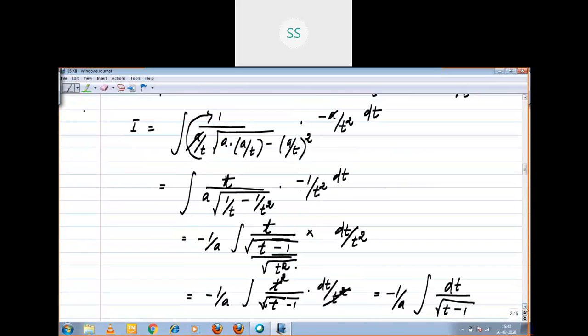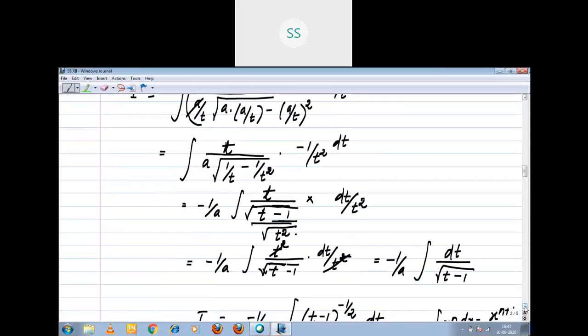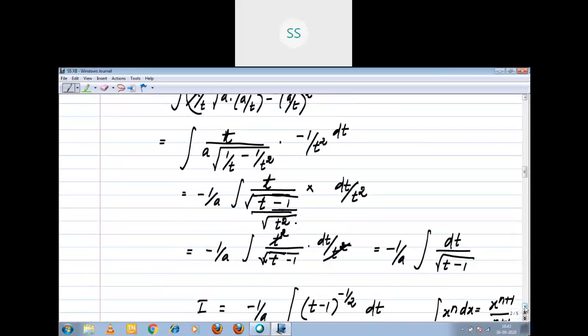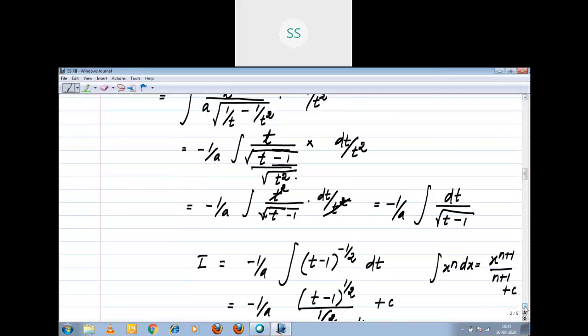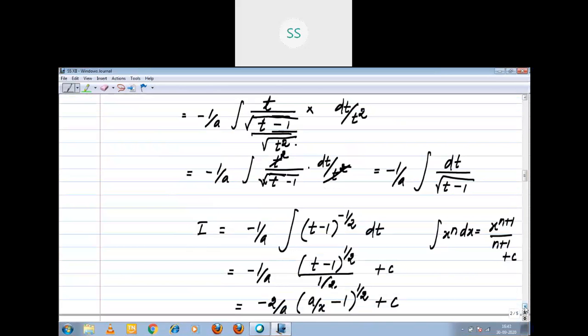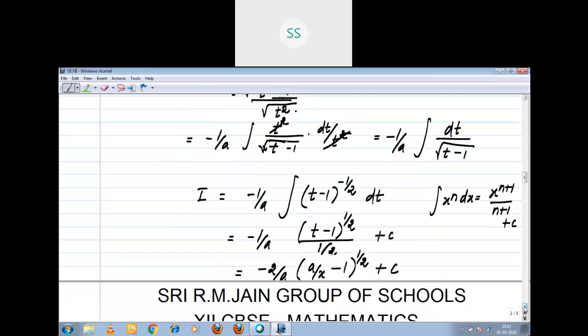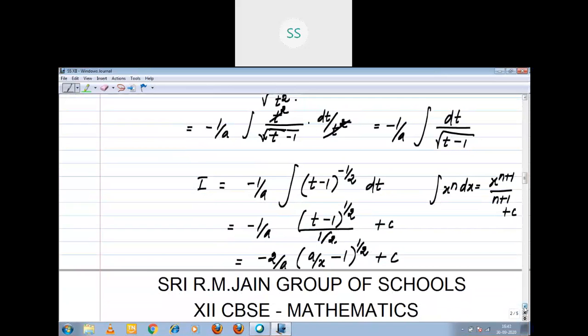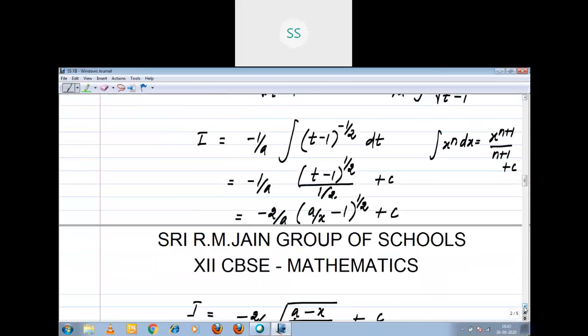So the t by a square root of 1 minus a, you are going to take it out, right? Already one a cancels. Here when you are taking a square from the square root, it will act as a. 1 by t minus 1 by t square into minus dt by t square. Then I took minus outside, minus 1 by a.